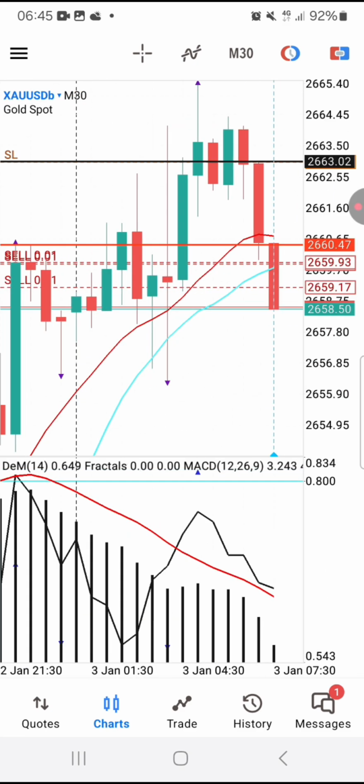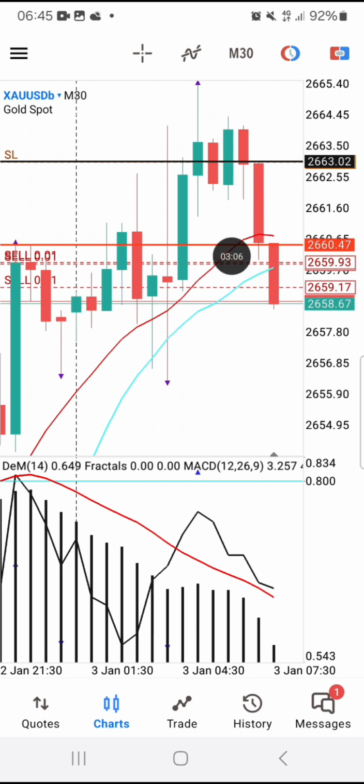What I used to do is set my stop loss, as you can see here, at the beginning of the candlestick, while my entry is at the closure of the candlestick.